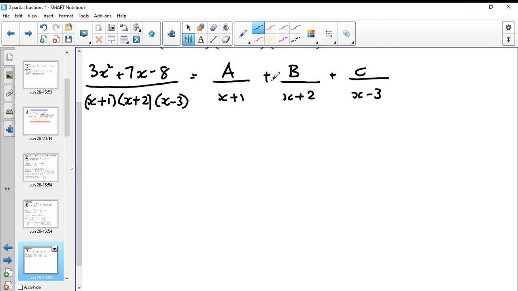Okay, now if we went through the motions of adding these 3 together, that would be our common denominator, and we would have to adapt the fractions. So we're going to make the numerators equal to each other. To get from here to here, we need to multiply by these 2 brackets.